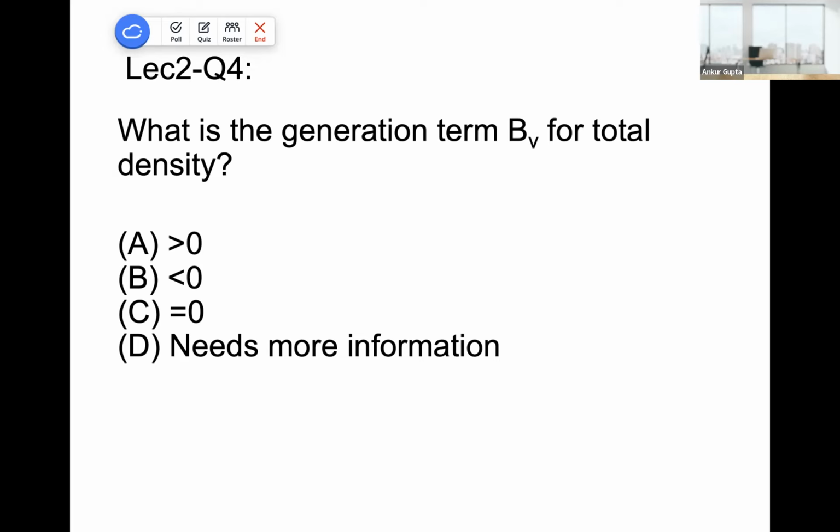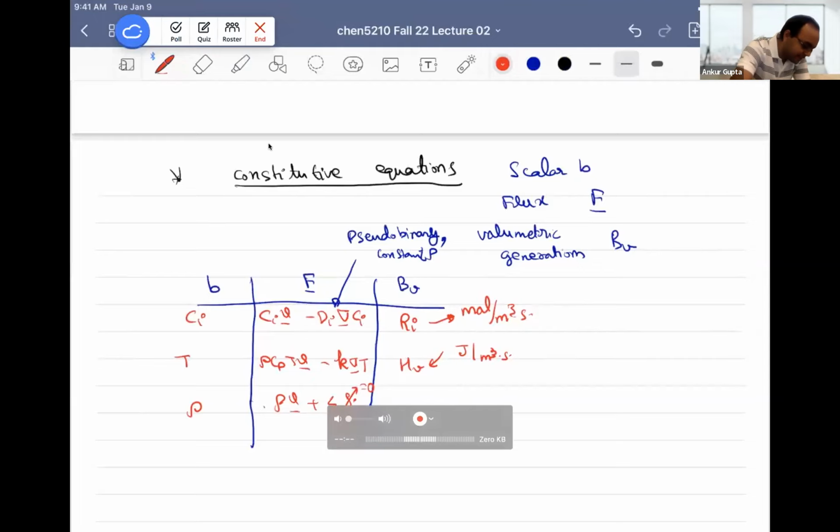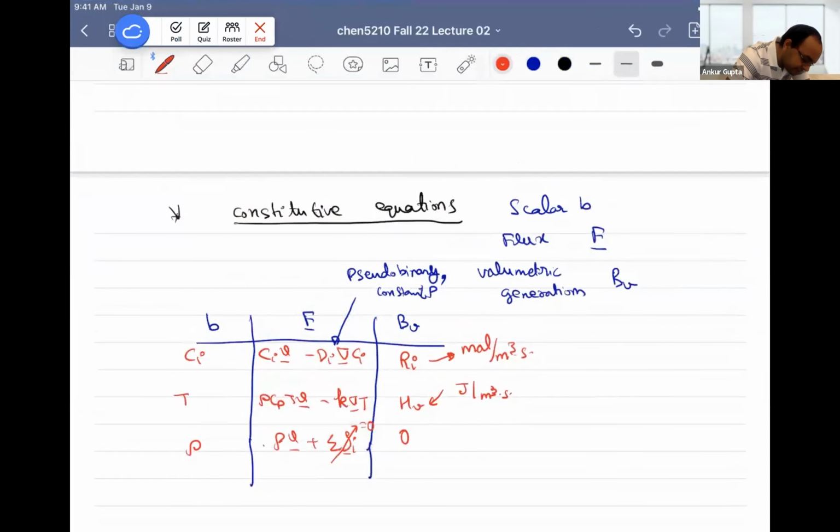Yeah, because total density represents the mass. Mass can neither be generated nor consumed, right? Moles can be generated and consumed, but not mass. So you cannot have a volumetric generation of mass. It has to be 0. So you simply get 0 here because mass cannot be generated or consumed.